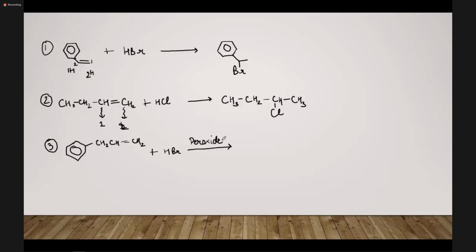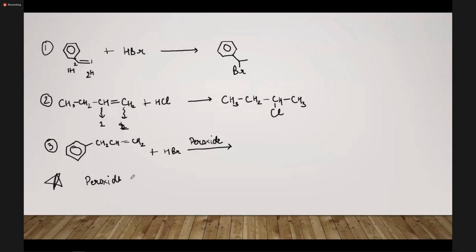So the trick here is that you will have to remember this. This is an important note. You will have to just highlight this, that whenever this reaction is being done in the presence of peroxide, the Markovnikov's rule will not apply over here. Or you can say that the Markovnikov's rule gets reversed. I mean, the two conditions of the Markovnikov's rule will get opposite, and it will get reversed in this case.